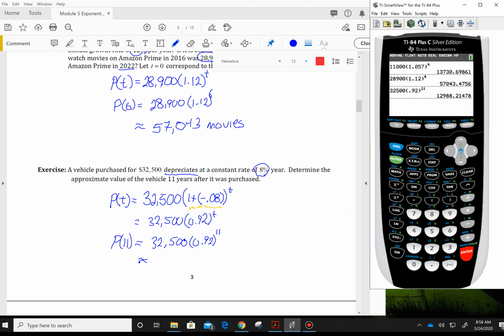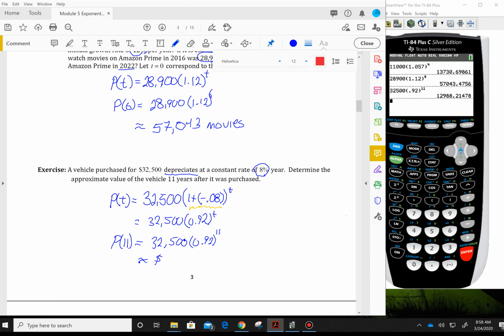And I get, after 11 years, the value of the car has decreased to 12,988. And since we're talking about money, I'm going to round this to the nearest penny and call this 21 cents.